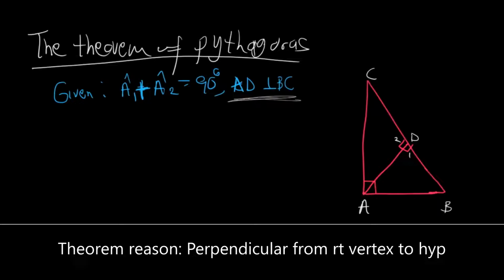Say we are having this triangle, and this is angle A1 and this is angle A2.